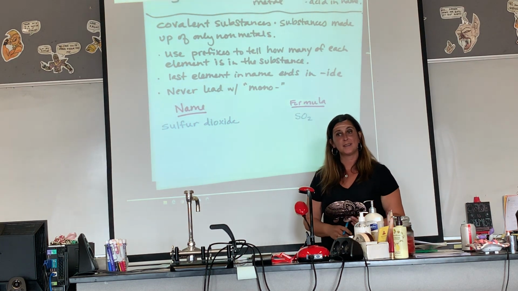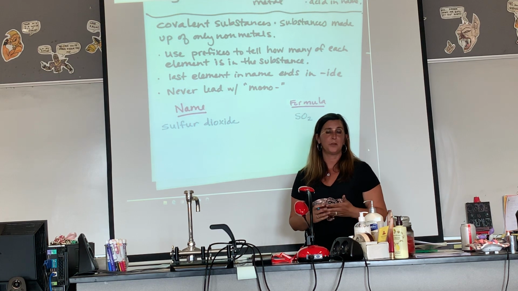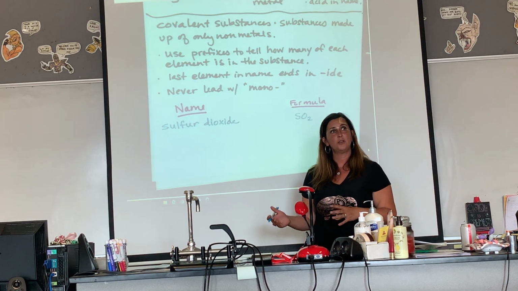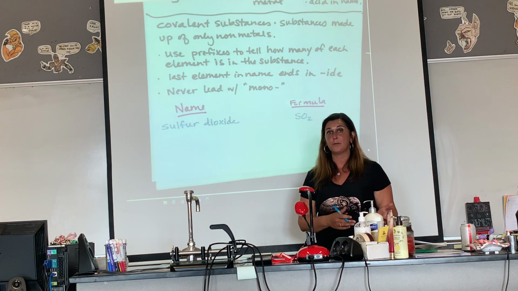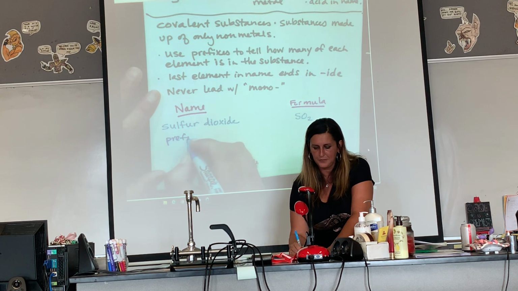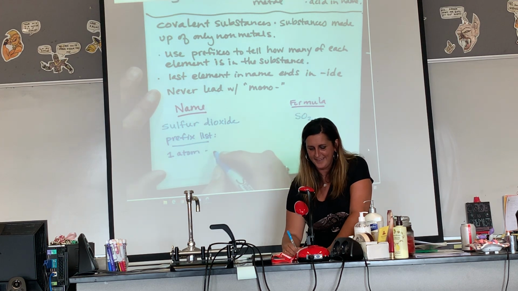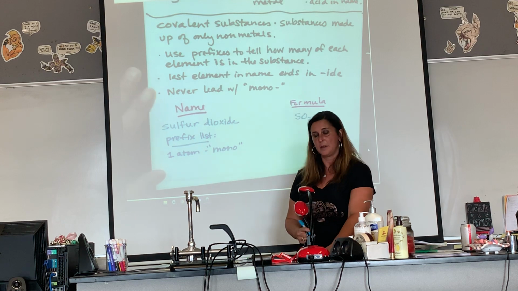Now these prefixes need to be listed for us so that we know what the prefixes are, and we'll just do the prefixes for 1 through 10. So we'll do a little prefix list here. If there is a single atom, or one atom of a substance, then you use the prefix mono, but you never lead with it.